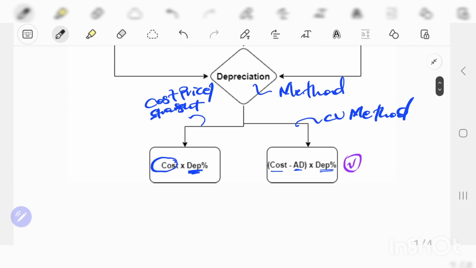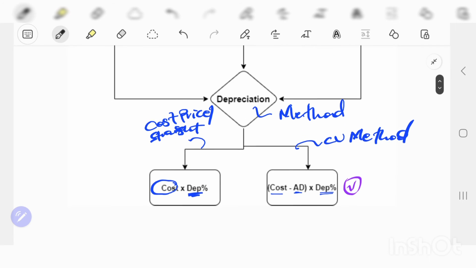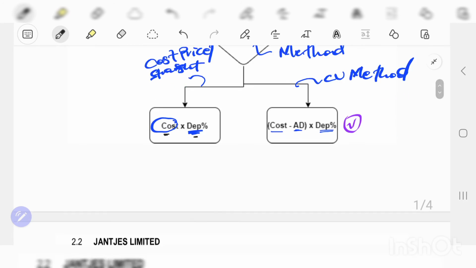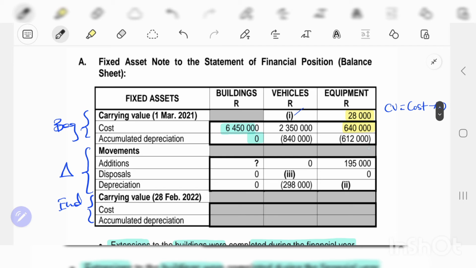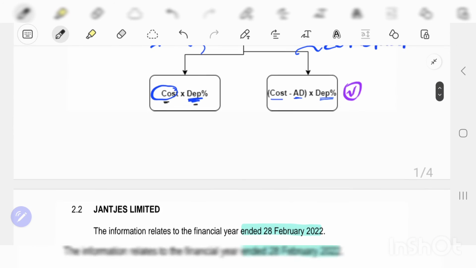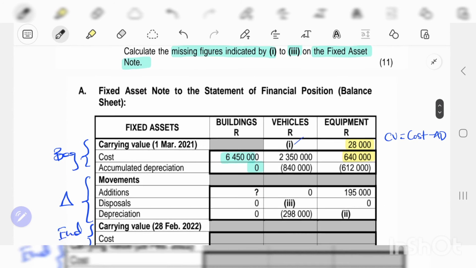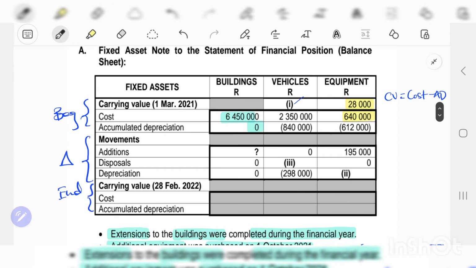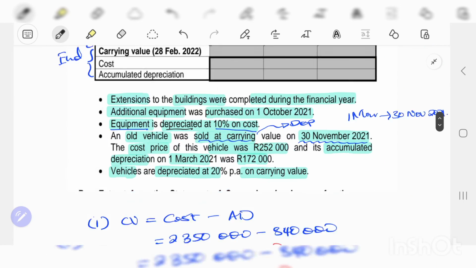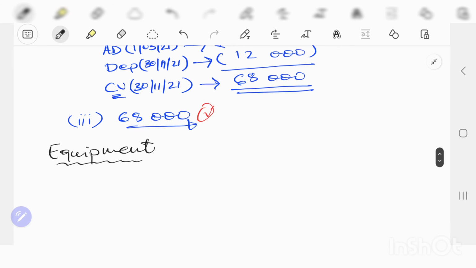So if an asset is depreciated at 10% on cost, we go back to our diagram, it is the cost of the asset multiplied by the depreciation percentage. So the cost of the asset is how much? It is 640,000. And then what's the depreciation percentage of this old asset? It is 10%.